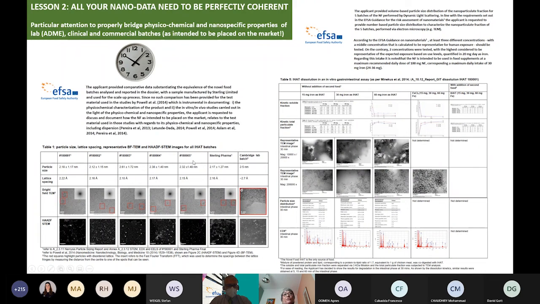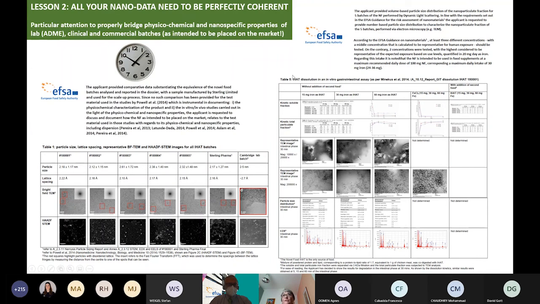And then we have to demonstrate the substantial, let me use this term, equivalence of all our commercial batches as intended to be placed on the market.